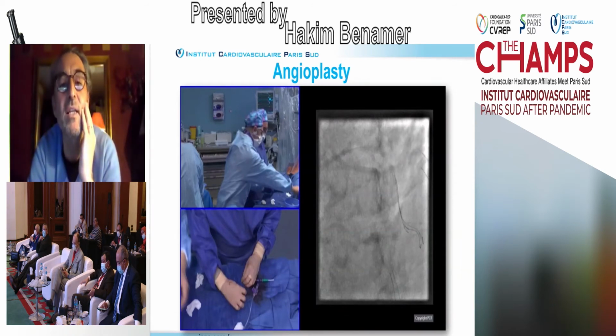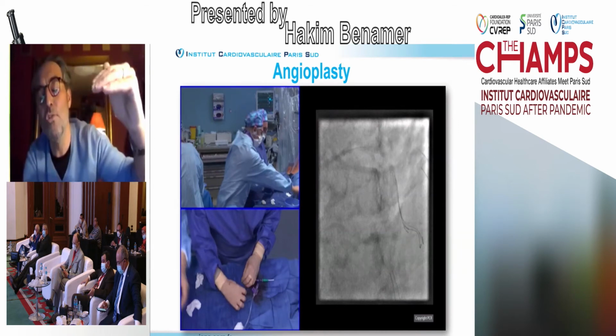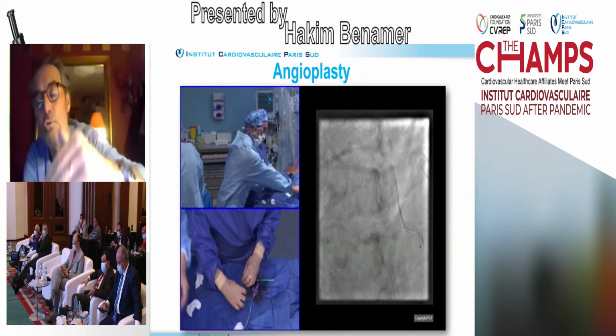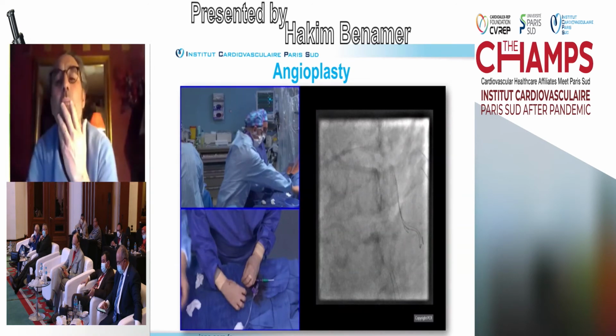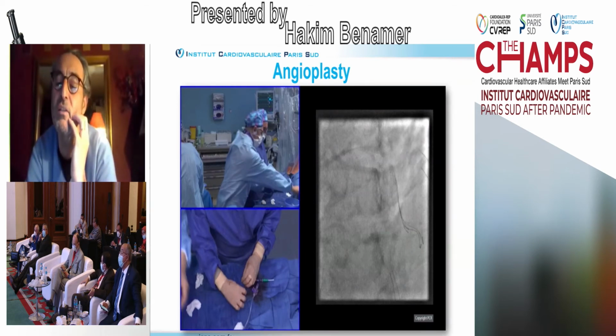You can use this technique with dilatation going through the jailed wire to open the side branch and then recross through the stent. That's only for saving the branch. It's not usually done.